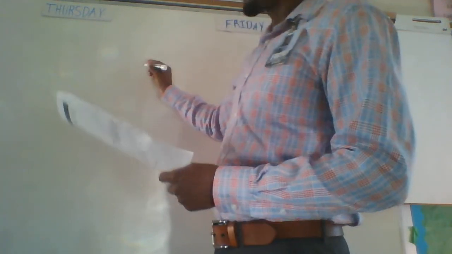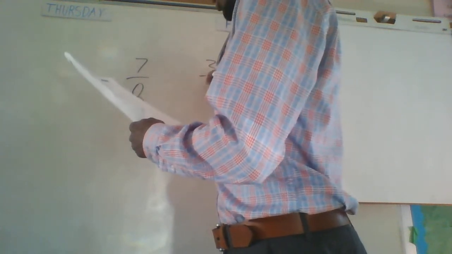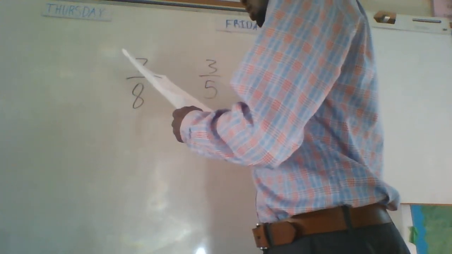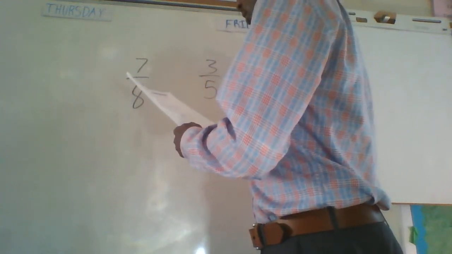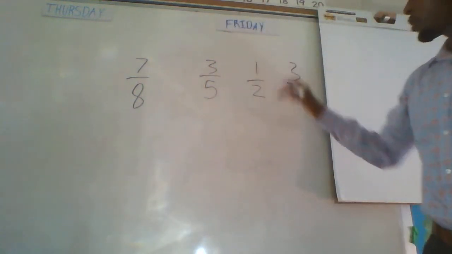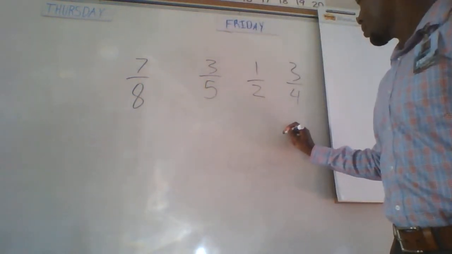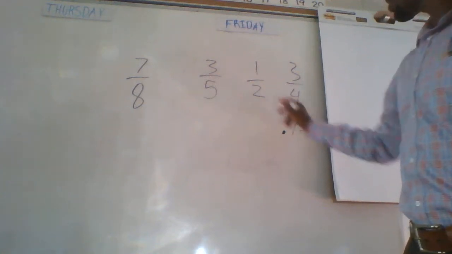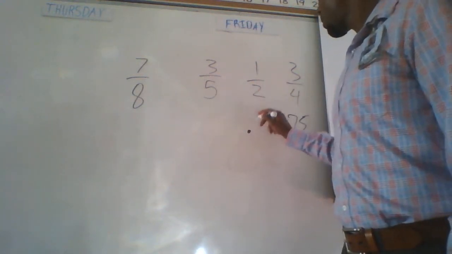Okay, so we've got 4 different lengths. We got 7/8 of a mile, 3/5, a half, and 3/4. Okay, so we already know 3/4 is 75% because we got that memorized. So that's 0.75. We know a half is 0.50.